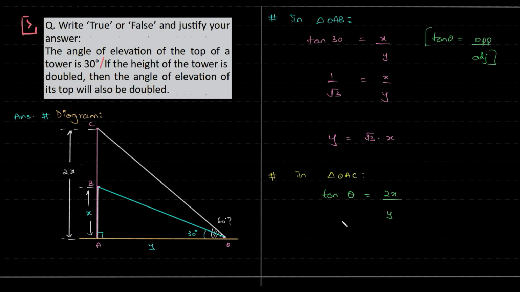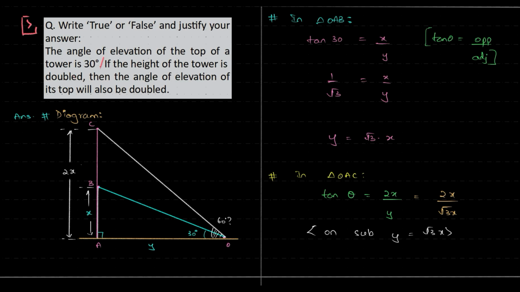If not, you might lose marks. Okay, so we know that this is equal to 2x divided by root 3x, right? This is on substituting y is equal to root 3x.